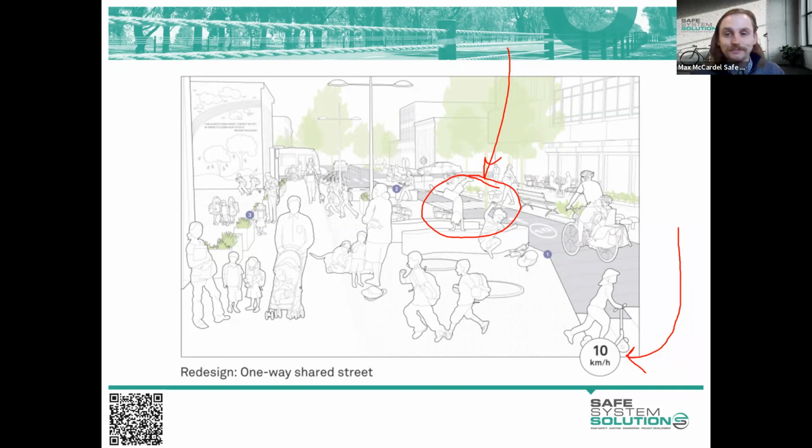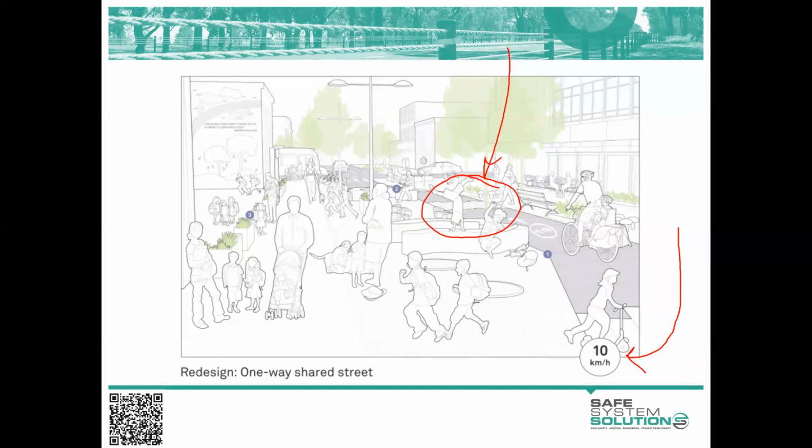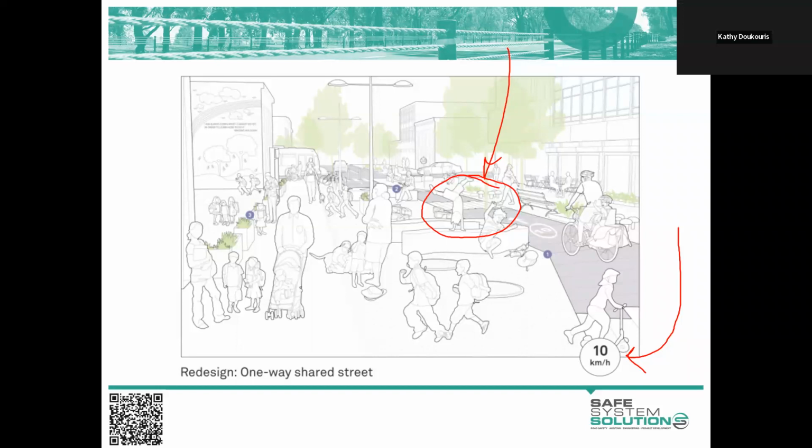Kathy, any questions? Thanks, Max. Yeah, look, there's different schools of thought here, and again, Anthony's suggesting the fundamental problem with a shared zone is that a carriageway is not a pathway, it's a hazard to cross.